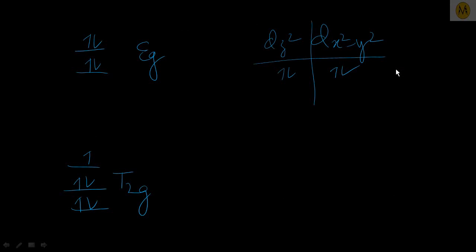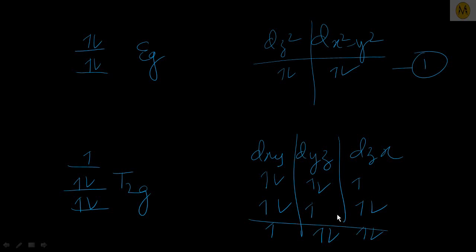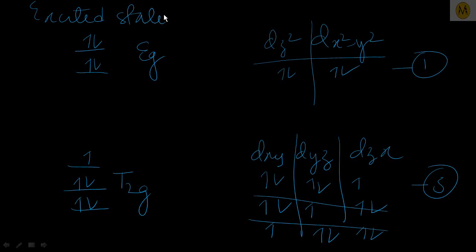This is one combination. And dxy, dyz, dzx, so these are the 3 combinations. So in the excited state we have a total of 4 combinations.